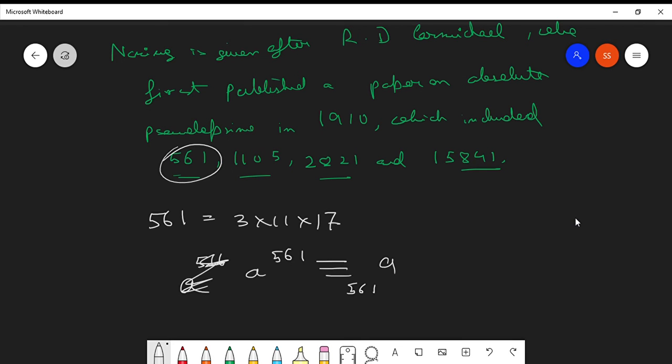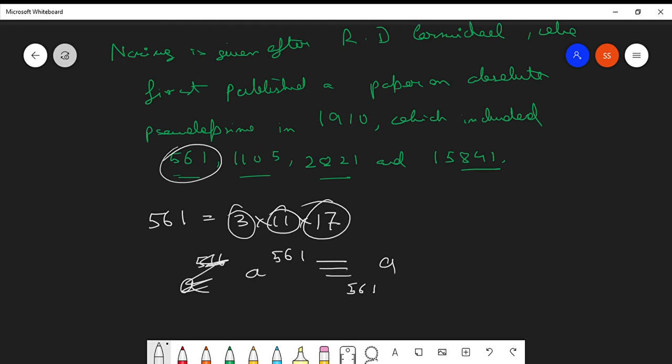That is, a to the power 561 is congruent to a mod 3, congruent to a mod 11, and congruent to a mod 17. You can check it in the following manner and then see whether it is possible or not. If it is possible, then you can multiply them together to show that a to the power 561 is congruent to a mod 561. I guess this portion is clear.